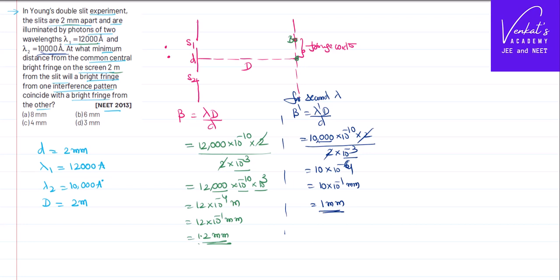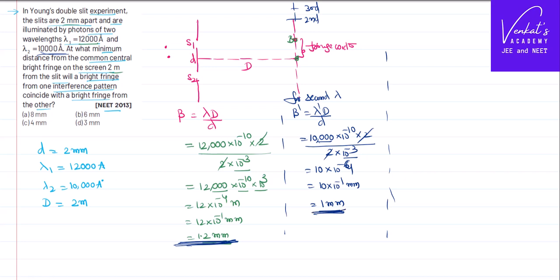So the bright spot due to the first wavelength happens at 1.2, first bright spot. Due to the second wavelength it happens at 1 millimeter. And they will keep happening on the screen: second bright spot, third bright spot, and so on, right? So we can say, where do the two bright spots coincide with each other on the screen?